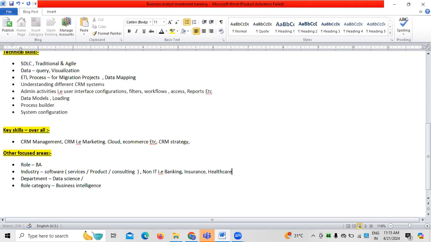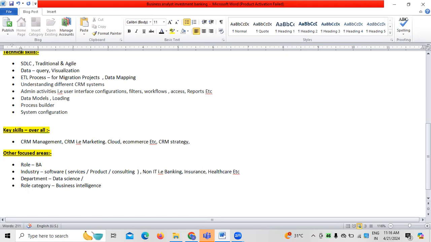So different non-IT organizations also require BAs in Salesforce, because let's say an insurance company, to manage their customers, is planning to use the Salesforce CRM application. So it's not only job opportunities in IT software services, even non-IT banking companies, insurance organizations or healthcare institutions have job opportunities.